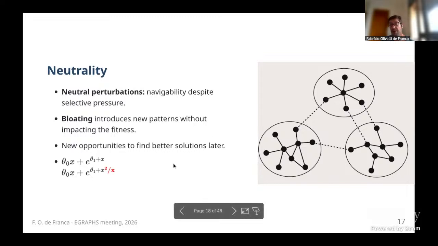Because if we didn't have this kind of situation, what would happen is, let me propose something new. It's worse than the current candidate, discard. Propose something new, it's worse, discard. And we keep discarding, and we never move from the current local optimum.